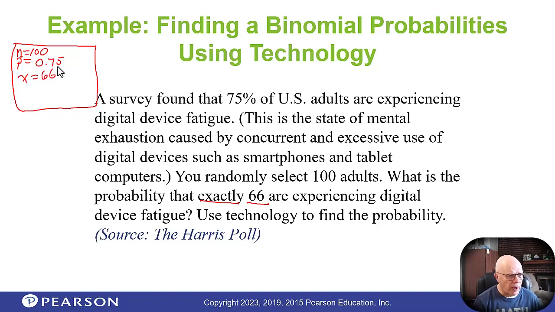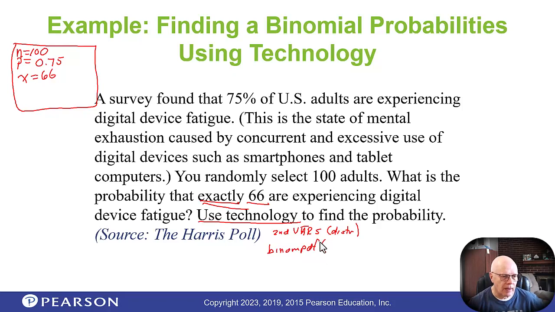Now you can do it the long way if you want to, but I'm not going to. That's why I have a suggestion. Use technology to find the probability. Since it says exactly, we're going to go to second vars, and that gets us to the distribution menu. We're going to go all the way down until we see binomial PDF.